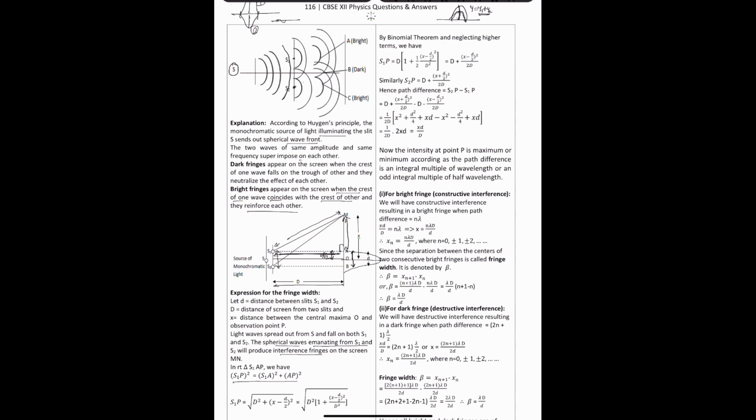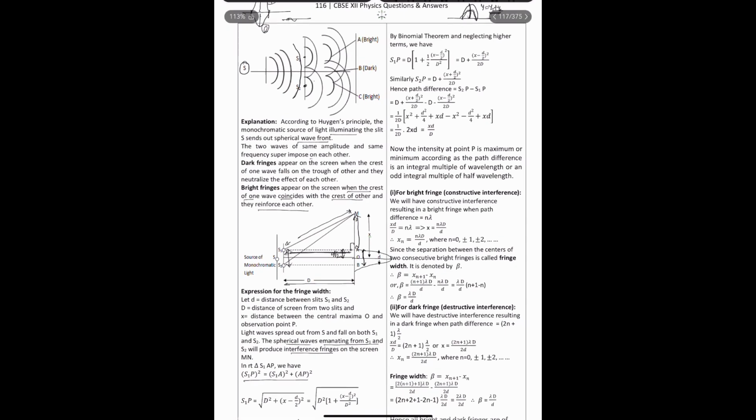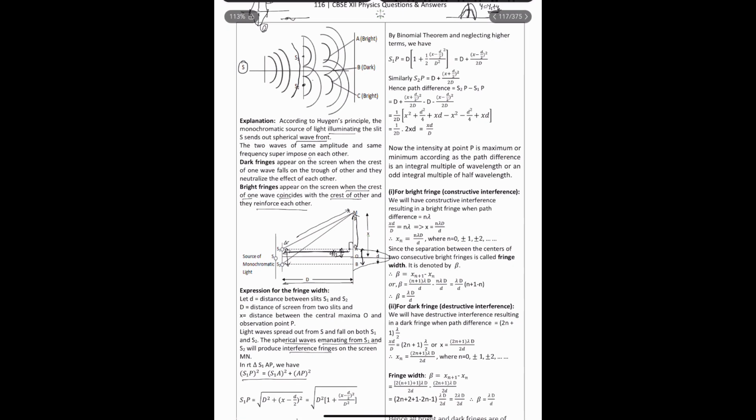Hence the path difference is S2P minus S1P. Path difference means the difference between the paths of these two light sources, S1P and S2P, correct?